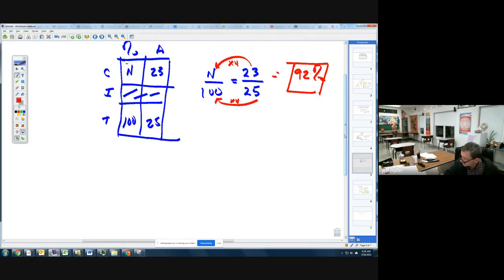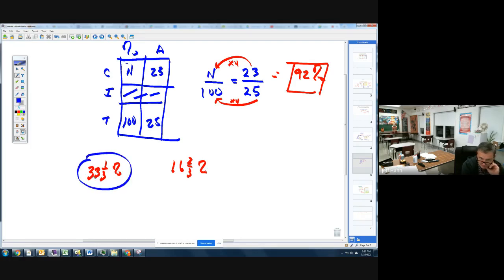I will tell you, sometimes, like I'm looking in the book here, if ever you see those goofy percentages, like 33 1/3% and 16 2/3%, you have to recognize right off the bat that at some point you are going to have to make this into a fraction.